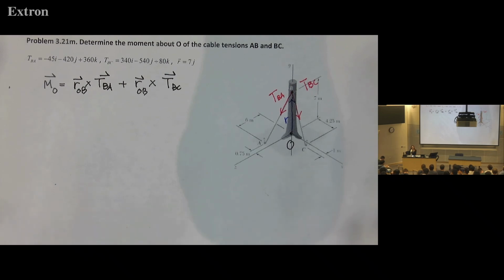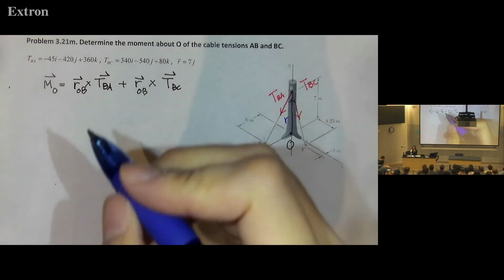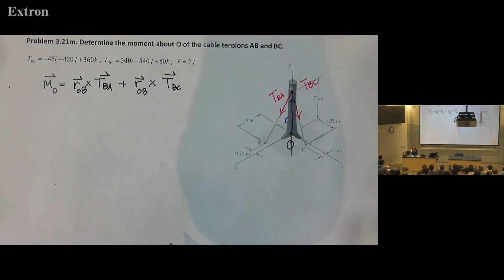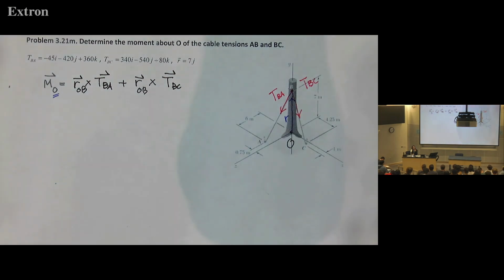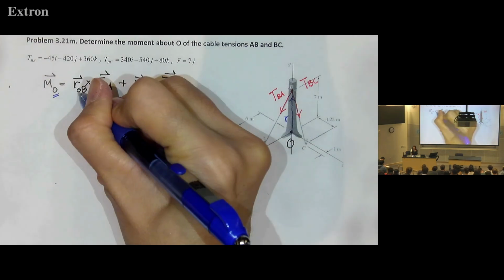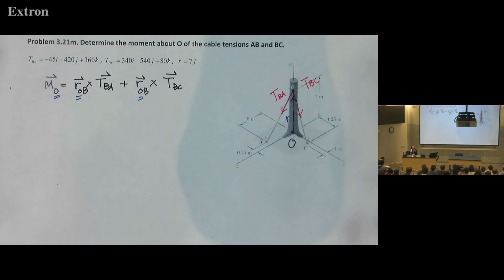So do you see some rules here about the reference point? The reference point is O, and in the position vector, the first subscript is always O, because the position vector is a vector connecting the reference point to the point of action. So the reference point must be the first subscript.